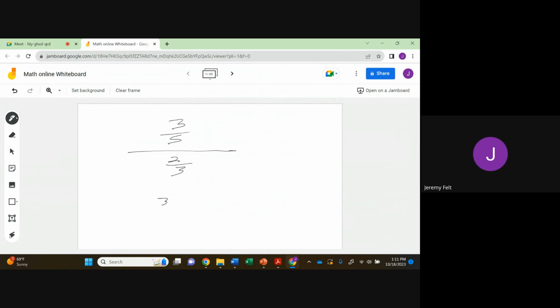Okay, so we have 3/5 divided by 2/3. Well, we've worked with that before, so it's just in a form we're not used to seeing, but it's still just division. So 3/5 divided by 2/3. We remember the rule for that. We keep, change, flip. And so we're going to multiply by the reciprocal. 2/3 becomes 3/2, and we get 3 times 3 is 9 over 5 times 2, which is 10.